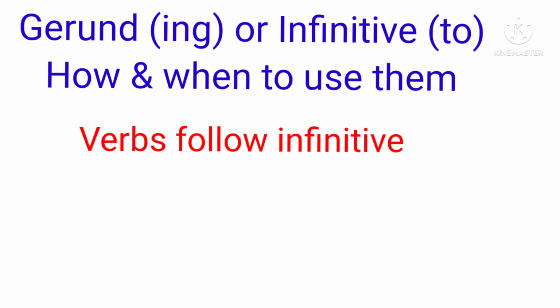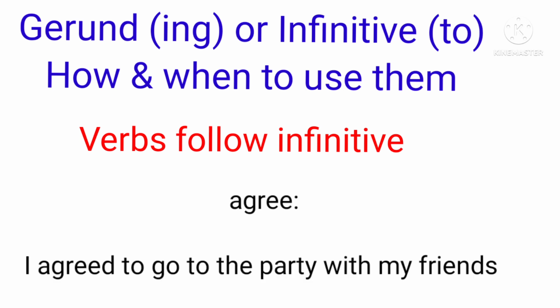So let's jump into the infinitive now. The infinitive follows certain verbs. In this sentence, the infinitive acts as the direct object of the verb. So we have the verb agree. Agree always goes with an infinitive verb. I agree to go to the party with my friend.